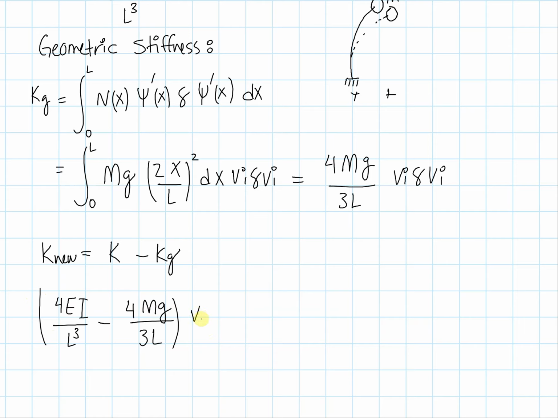We got V I plus rho AL over 5 plus M. That's what we have. And then we're closing these brackets, and we have our variation term, and that equals to 0.